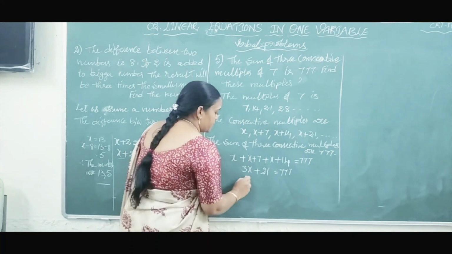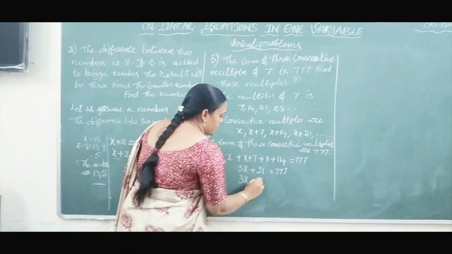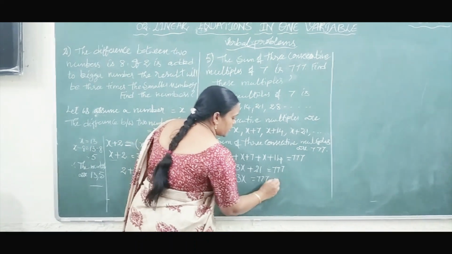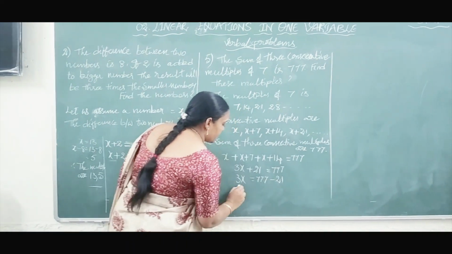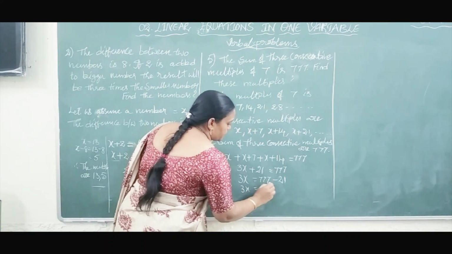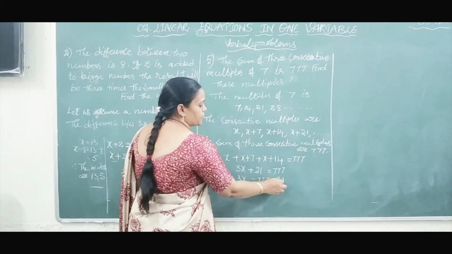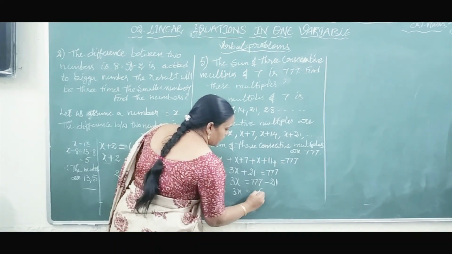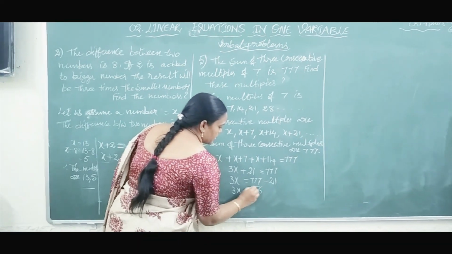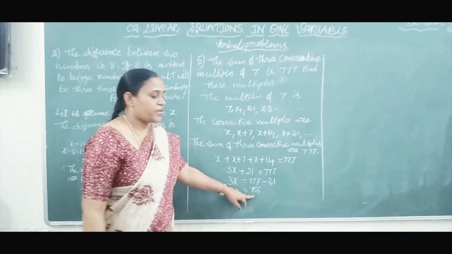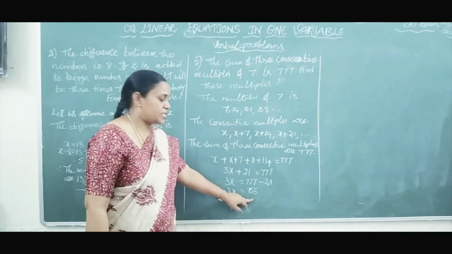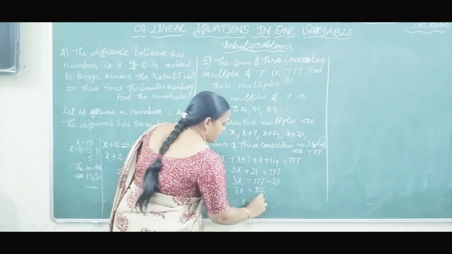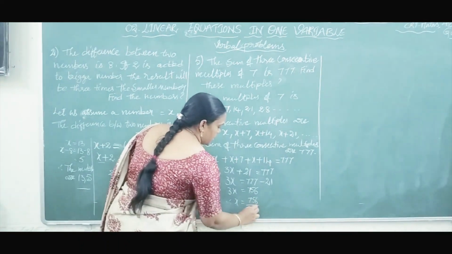Now, taking 21 to the other side, minus 21, we get 3x is equal to 777 minus 21, which is 756. Therefore, x is equal to 756 by 3.